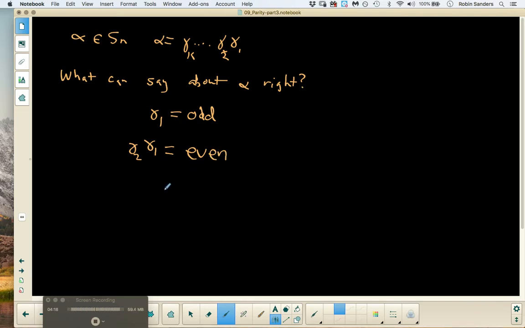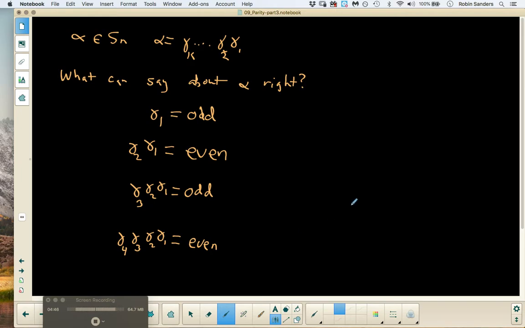Now, that's a perfectly good permutation itself. So if we take that even permutation and we compose it with another transposition, the result has to be an odd permutation. If I take that one and compose it with another transposition, the parity has to change from odd to even.